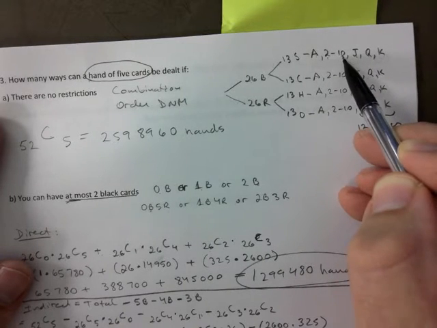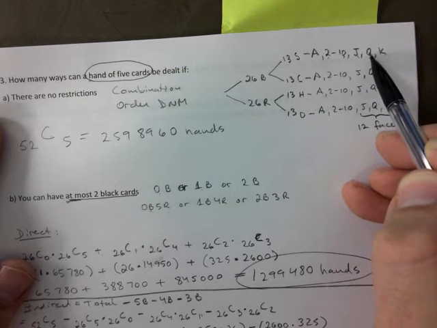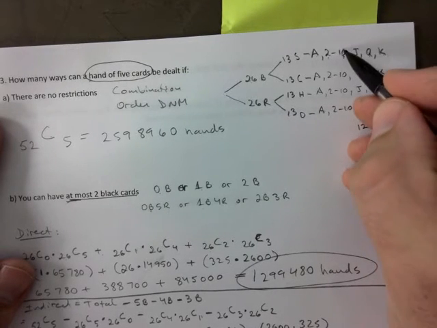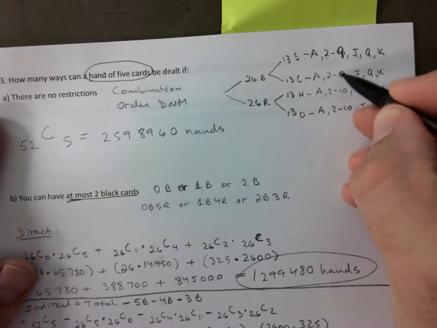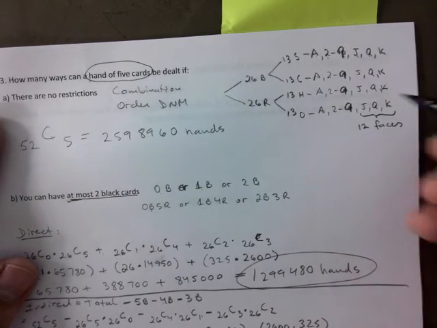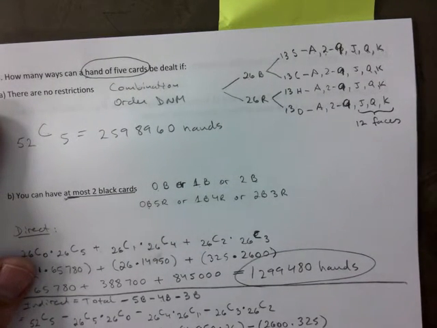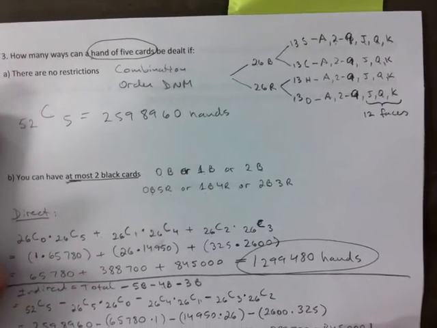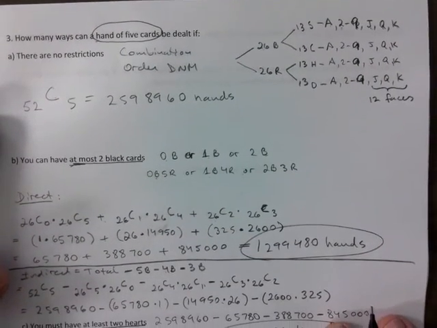I think this is 2 to 9, Jack, Queen, King. So make that change, please. I don't know if you wrote this down at the top of this page, but otherwise you have more than 52 cards. I just noticed that after the fact, so I apologize for that.